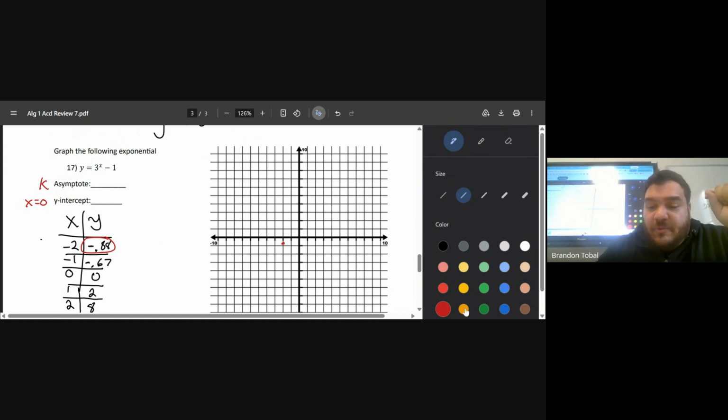Then I'm going to do the next one. -0.67 is going to be over here. So somewhere in between, still in between 0 and -1. 0, comma 0. Luckily, that's like the easiest point to graph ever. This is literally on the origin.